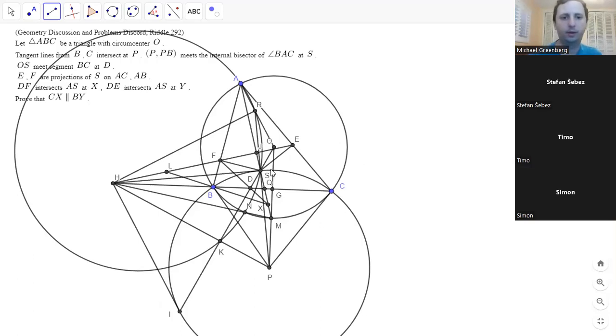Yeah. And then we know that these are collinear, and we know D is the orthocenter of HPO. All right, now let's spend 5 more minutes on this, see if we could use that. But yeah, I like that idea.